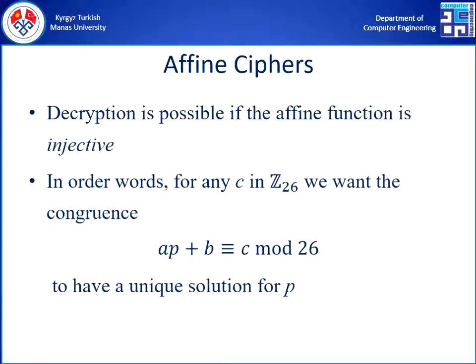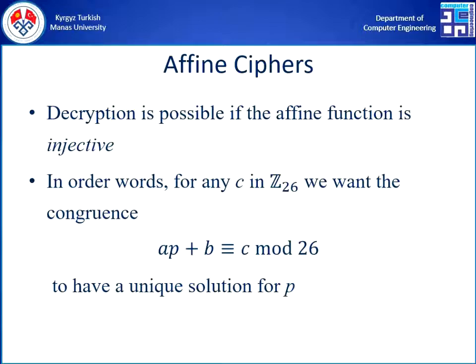So from the previous slide we see that decryption in an affine cipher is possible if and only if the affine function is injective. Let's define what the term injective means.